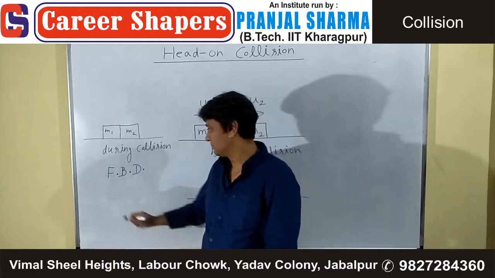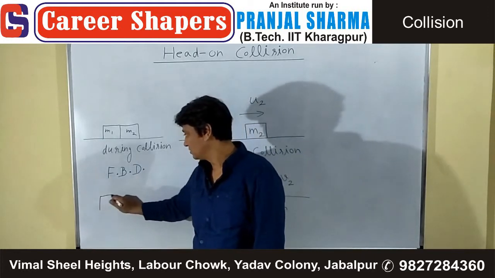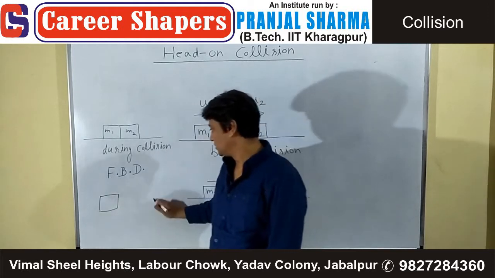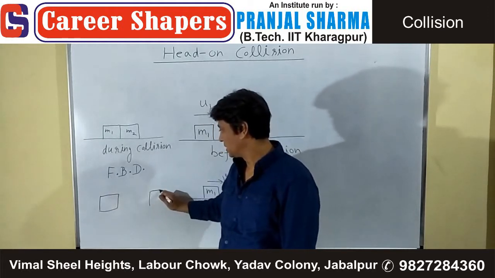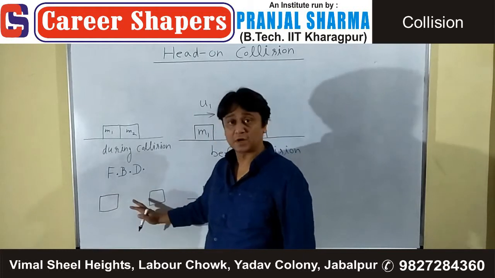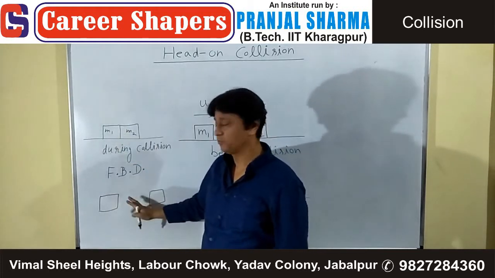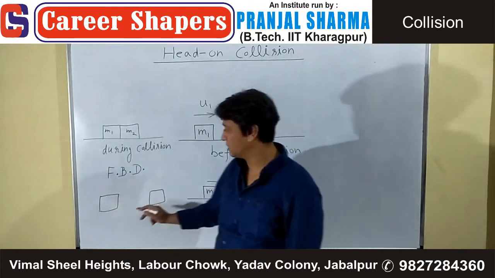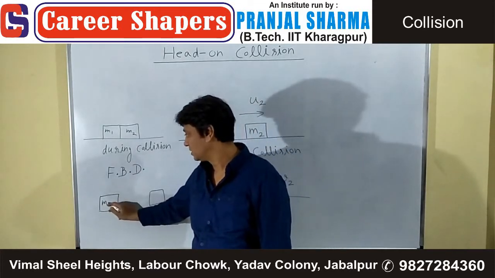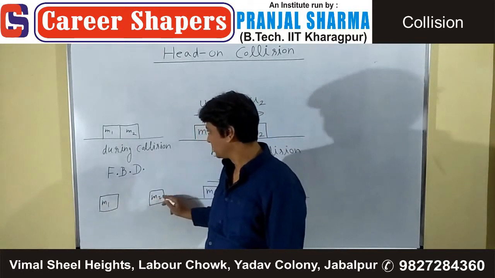When you draw it, that's your m1, this is your m2. Remember, they are touching each other, but we are drawing free body diagrams. This is m1, this is m2.